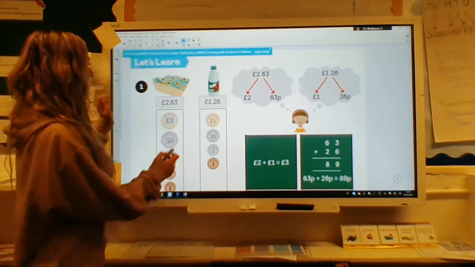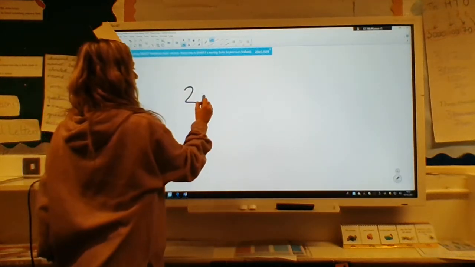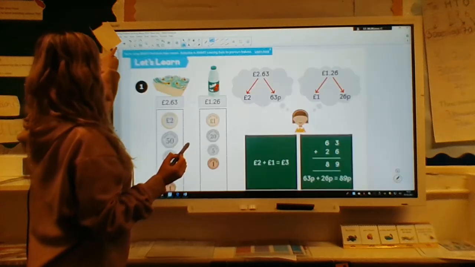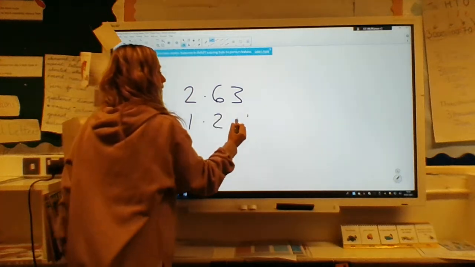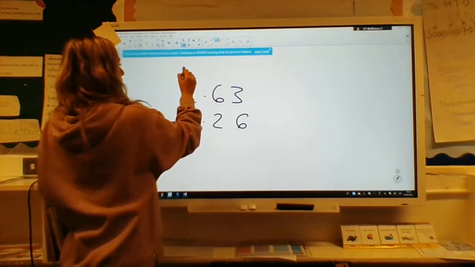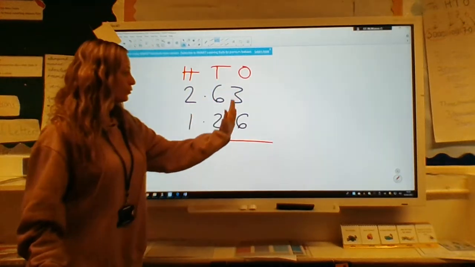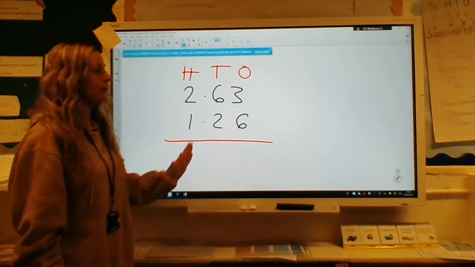So £2.63 and you want to know the total of the two items and £1.26. So put your place value as you would normally when you're doing the column method. Make sure the numbers are in the correct columns and your decimal points are lined up correctly.